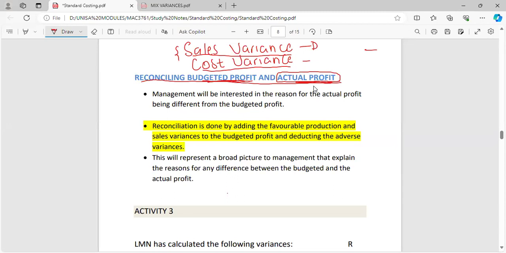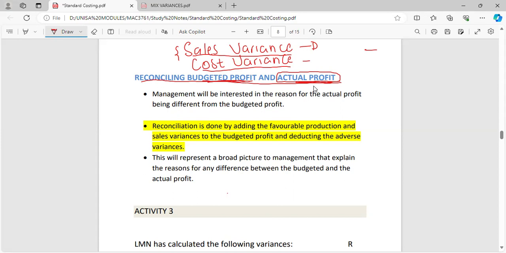So the essence behind this reconciliation is we have a budgeted profit. Then after we have done our variances, you could see that we are going to have adverse and favorables. Those adverse and favorables are the ones that we are going to use to reconcile the budgeted profit to actual profit, right?